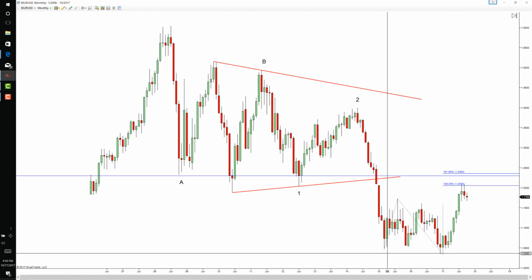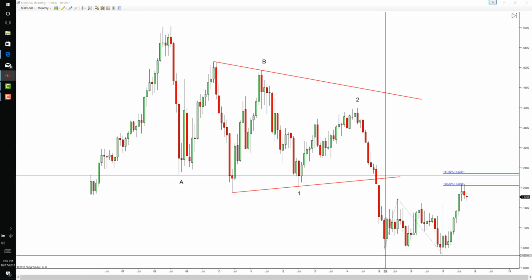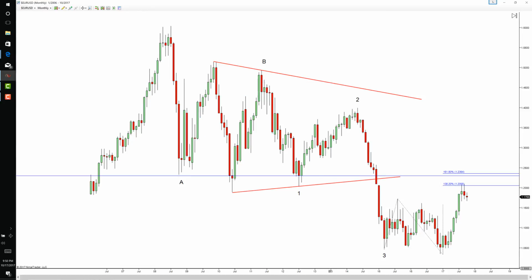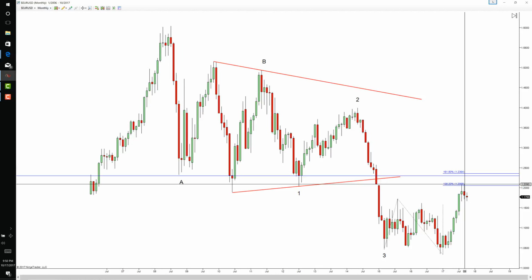I mean a 5-wave move down for 3, and it's impulsive with all those red bars. So then you got 3, and then you basically have wave 4 that, if you called it right, then price will pretty much be in the territory of wave 1 right there.